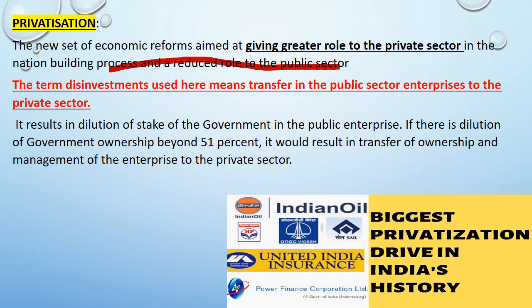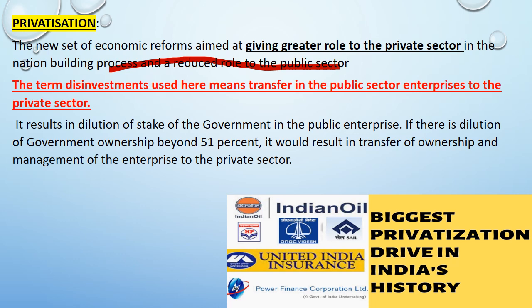So, see, it says the term disinvestment used here means transfer of public sector enterprise to private sector. Now, how are you transferring a public sector to a private sector? Generally, if a company has to be owned or started, there are shares which should be bought by the public. 51, you already know this.